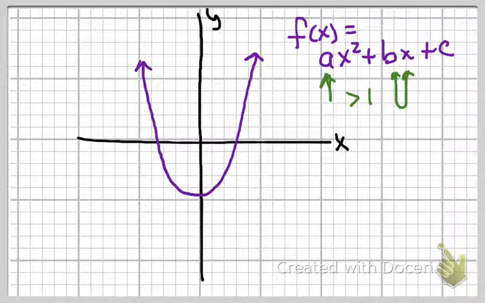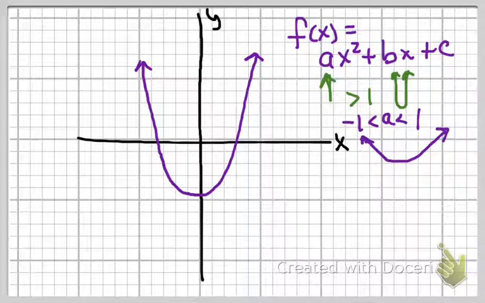If it's a fraction or decimal, between -1 and 1, then the closer A gets to 0, the wider the parabola gets. We're talking about this value for A.